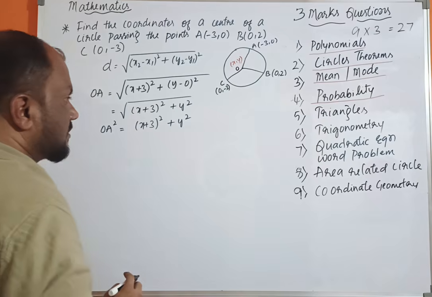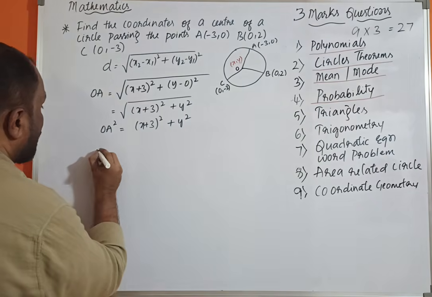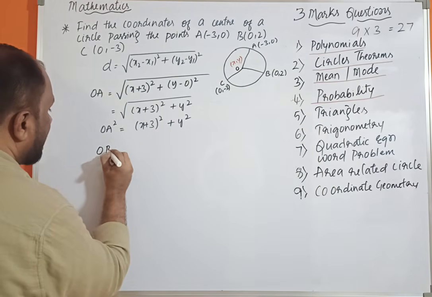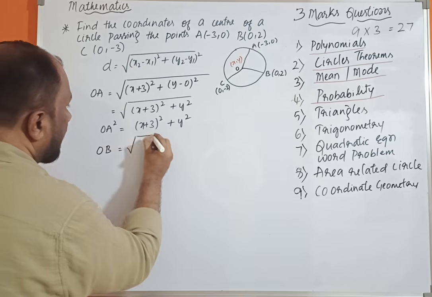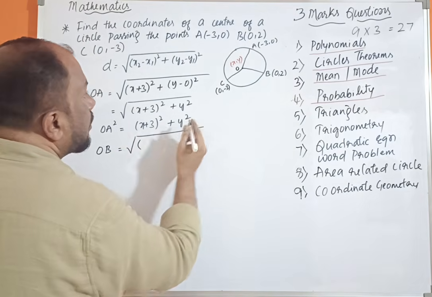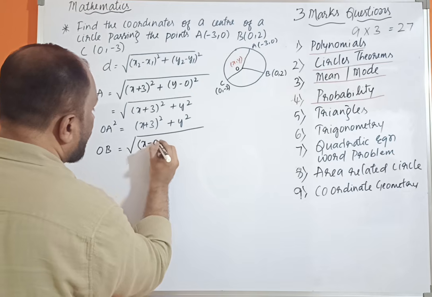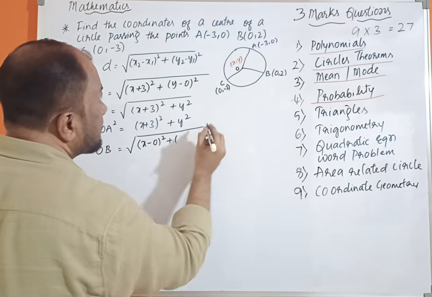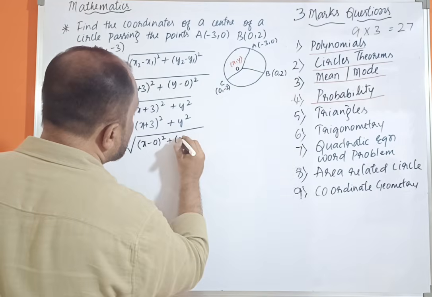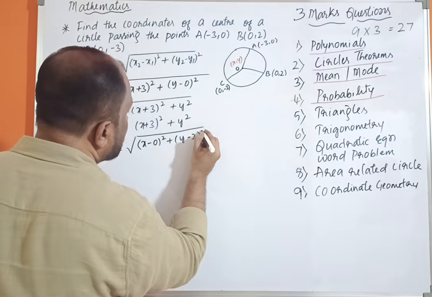We got OA square. Then next find out OB is equal to under root x minus 0 whole square plus y minus 2 whole square.